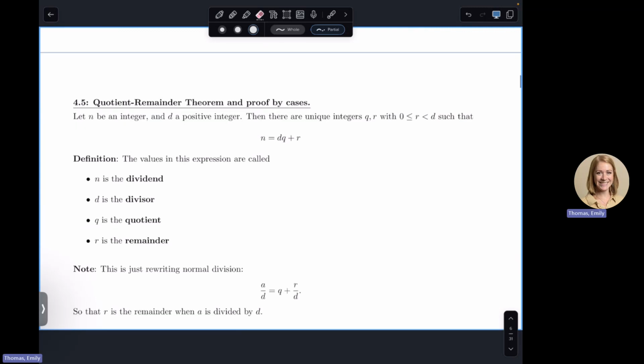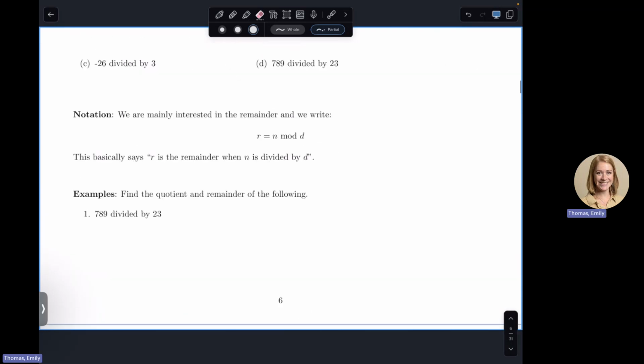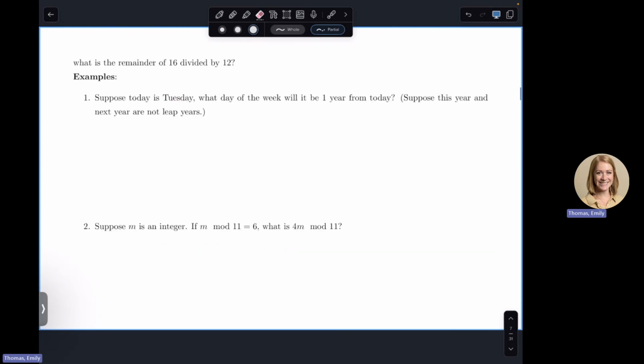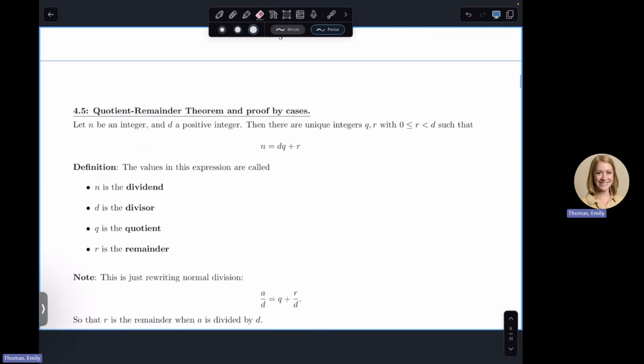Okay. Another big theorem. The quotient remainder theorem. This one is also trippy, so let's dig in on that today. And then we're going to do our first proof, another proof method.